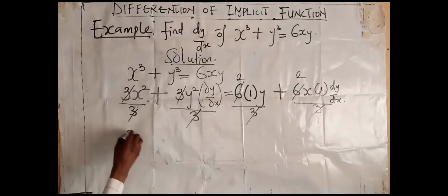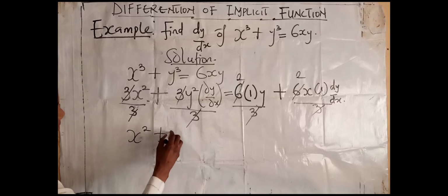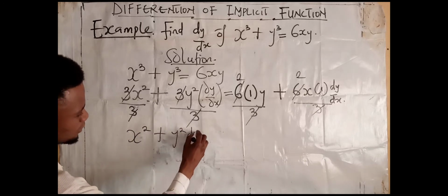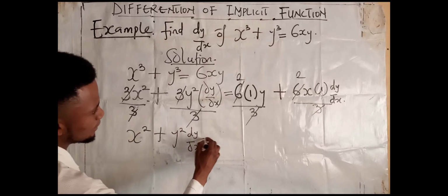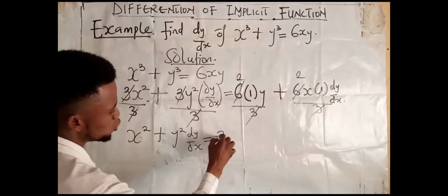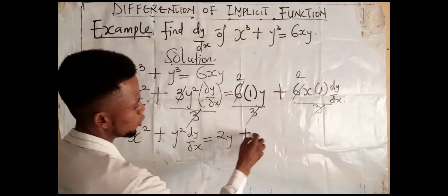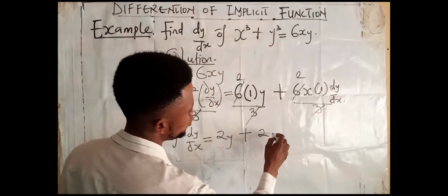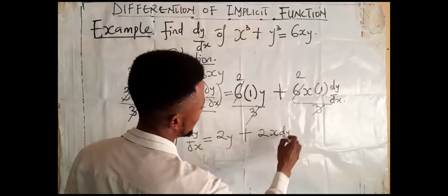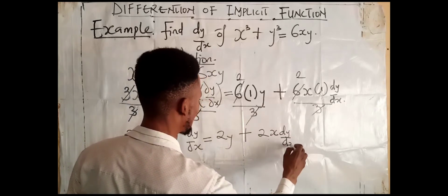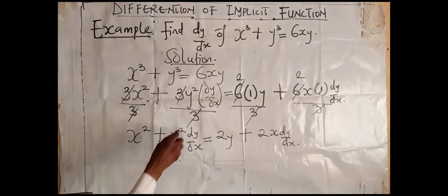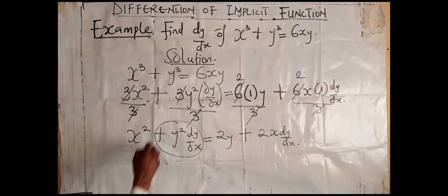So if I bring this out, I will have x squared plus y squared dy over dx is equal to 2y plus 2x dy over dx.